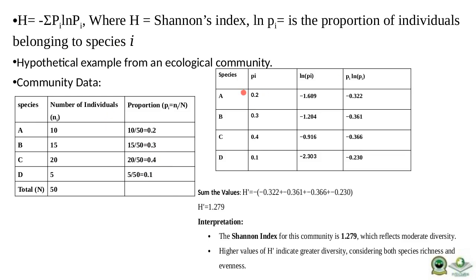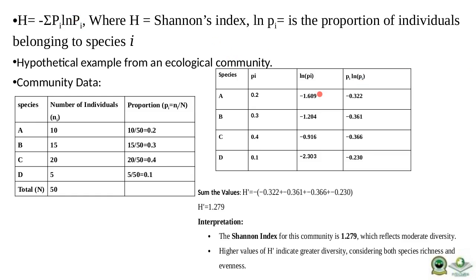Now, we move ahead to get the ln of pi. The ln of 0.2 gives us minus 1.609, then minus 1.2, and so on and so forth. Then going by the formula, we need to do the summation. We have to multiply the proportion and the ln and then sum up.